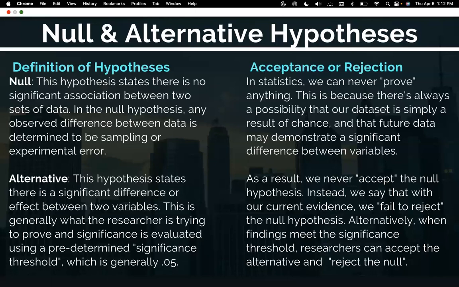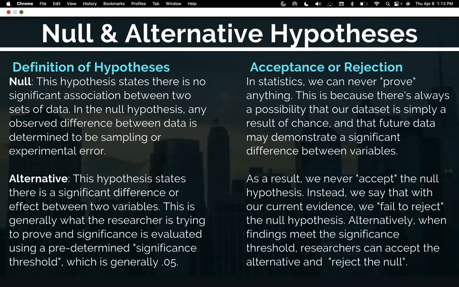And we say that because in statistics, we can never prove anything. This is because there's always the possibility that if our data aligns with the null hypothesis this time, that may be a result of chance or error, and that future data may demonstrate a significant difference that allows us to accept the alternative.